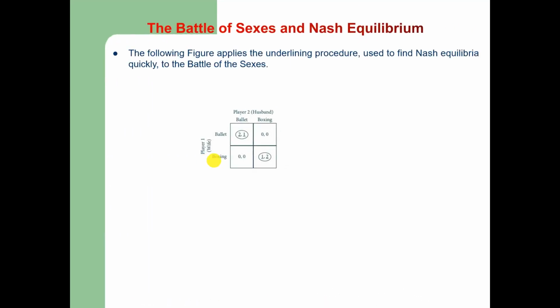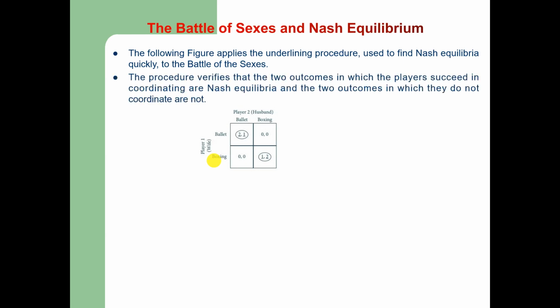The following figure applies the procedure used to find Nash equilibria quickly to the battle of the sexes. The procedure verifies that the two outcomes in which players succeed in coordinating are Nash equilibria. One Nash equilibrium is this, when both prefer to go to the ballet. The other is this, when both prefer to go to boxing, because in these two cases they are successful in coordinating.